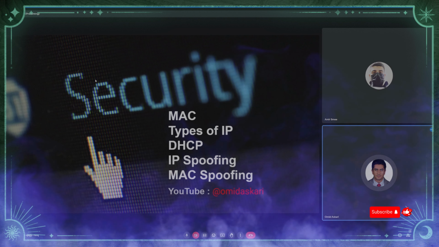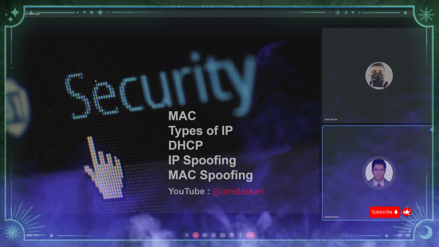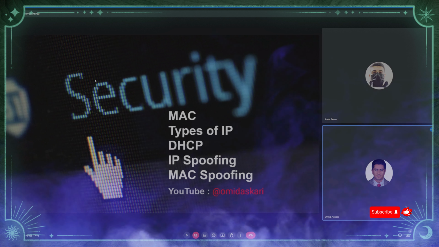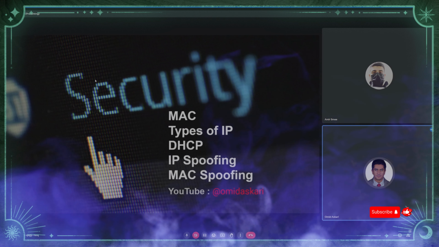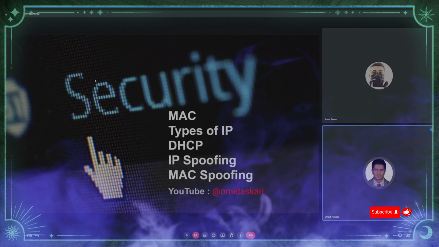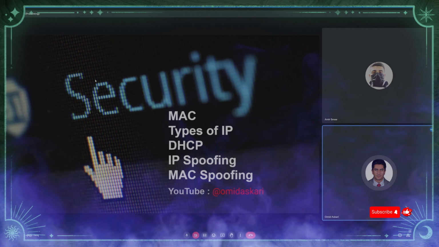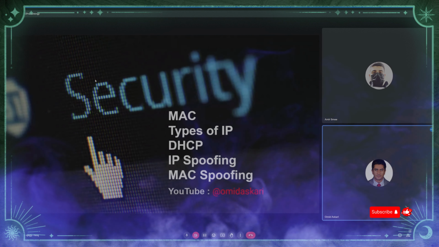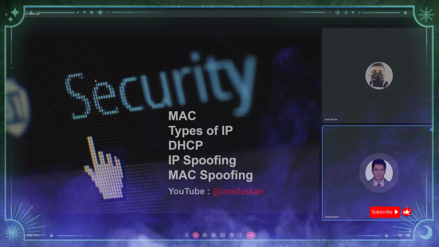IDS is more passive and requires manual intervention for incident response, while IPS is proactive and automated in its approach to network security. For example, we have signature-based and rule-based detection in IPS. But in the next-generation firewall, we have user entity behavior analysis.